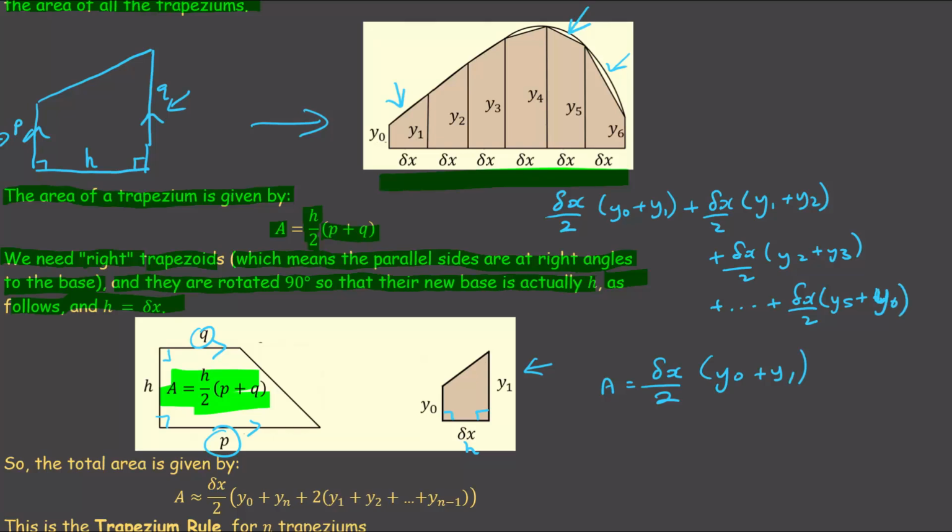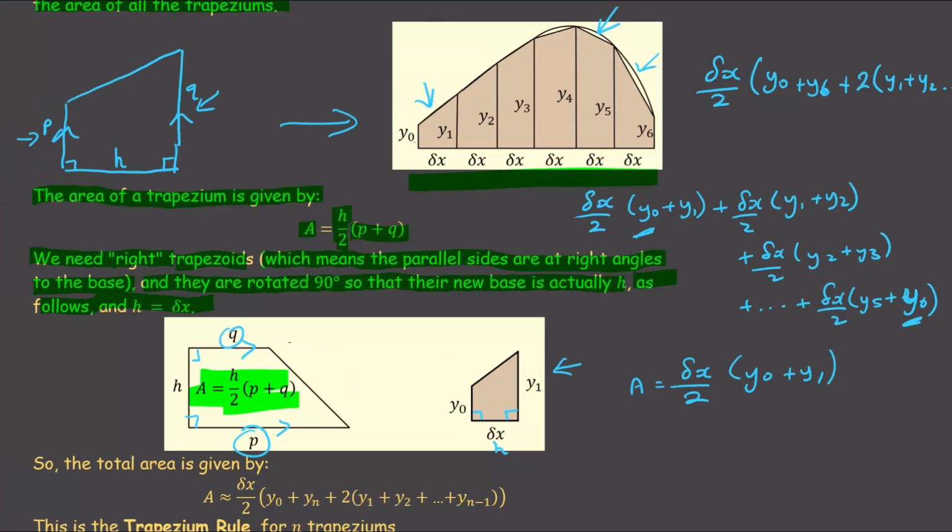Now what you'll notice there is there's a common factor of delta x over 2. The y0 only appears in one calculation, so does the y6. All the other lengths are there twice. So we would get that.